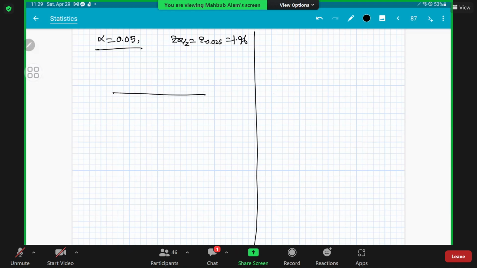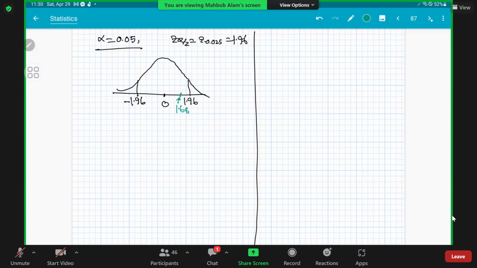If you draw the normal curve, you will find here 1.96, one of the critical values. Another one is minus 1.96. And since it is standard normal, the center is 0. And we found that the measured value of the test statistic, 1.68, is right here within the acceptance region.